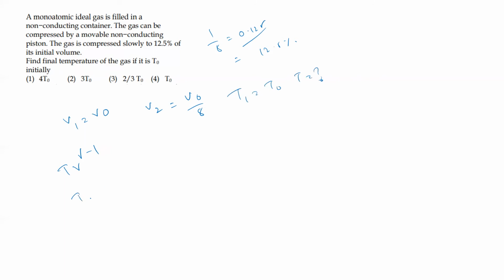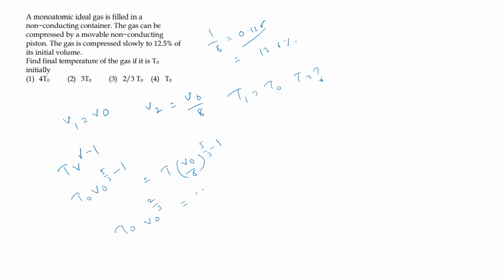So we can write T naught, V naught, gamma for a monoatomic gas. So for a monoatomic gas, gamma is what? 5 by 3, gamma minus 1. So T naught V naught to the power gamma minus 1 is equal to T, which we need to find. Final volume is what? V naught by 8, whole power 5 by 3 minus 1, so this is 2 by 3.